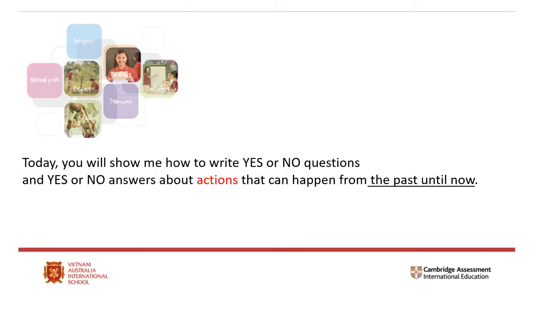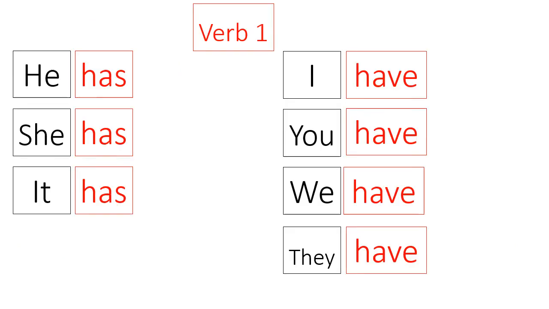So today you will show me how to write yes or no questions and yes or no answers about actions that can happen from the past until now. So remember, we learned the black words are who words and the red words are verb 1.